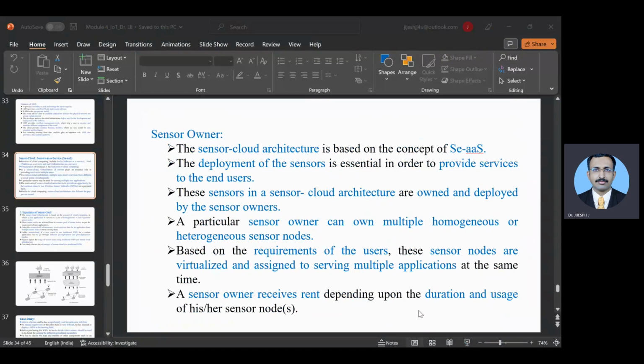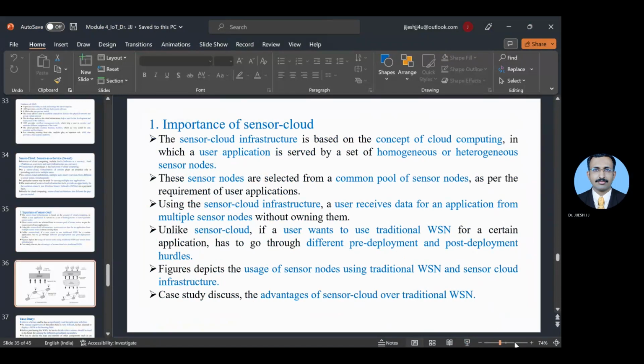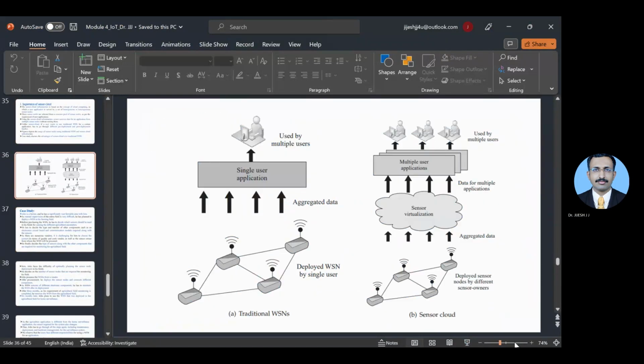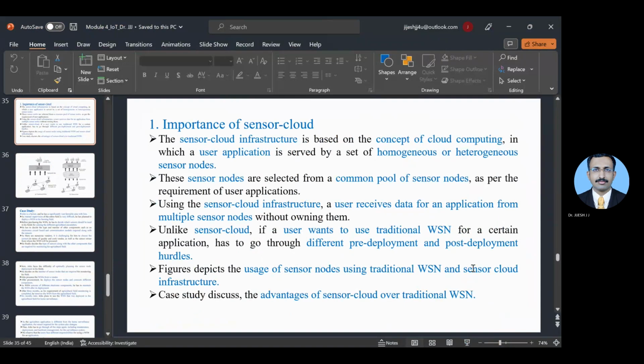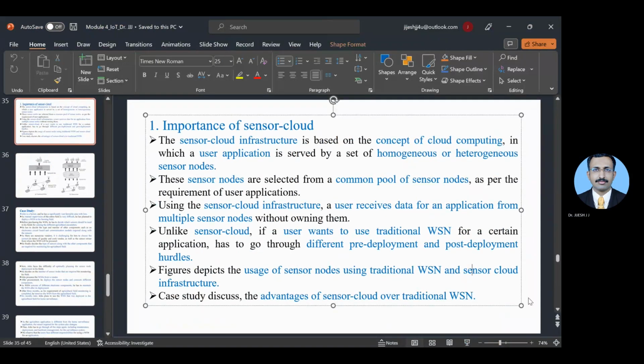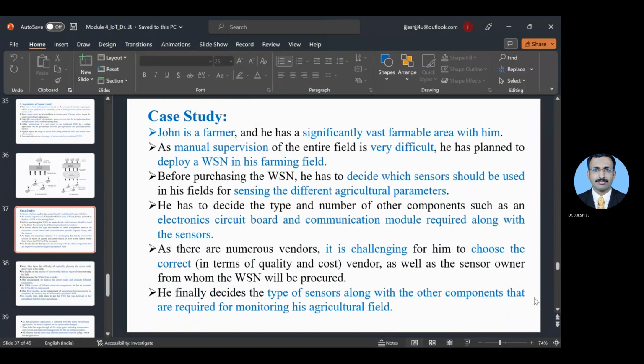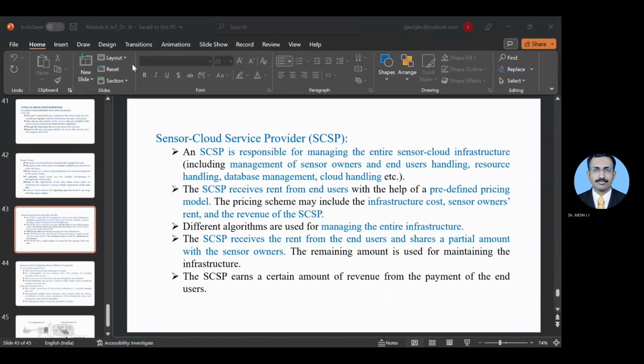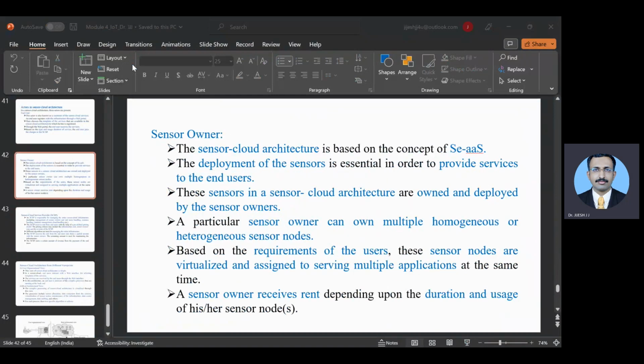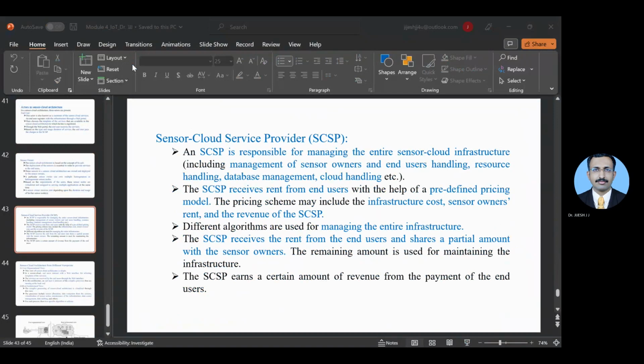What is the third one? The third one is, we have now seen the sensor owner, the sensor cloud service provider.